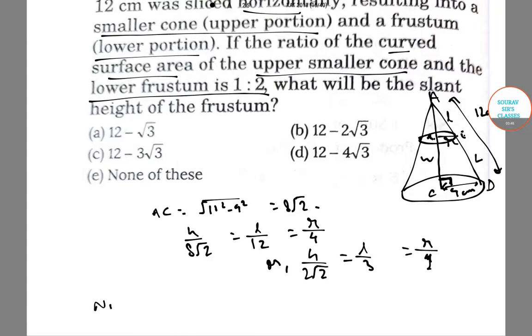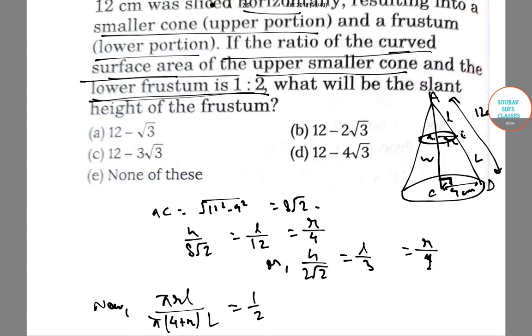Now pi RL by pi 4 plus R into L is equal to half. This has been given to us, from here, if the ratio of the curved surface area of the upper smaller cone and the lower frustum is 1:2.